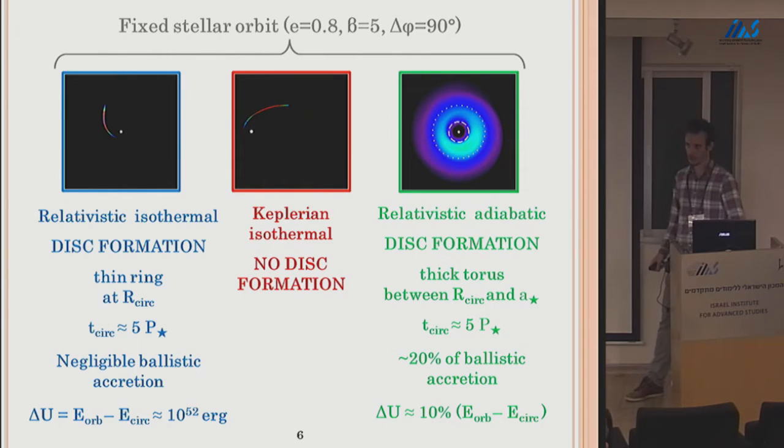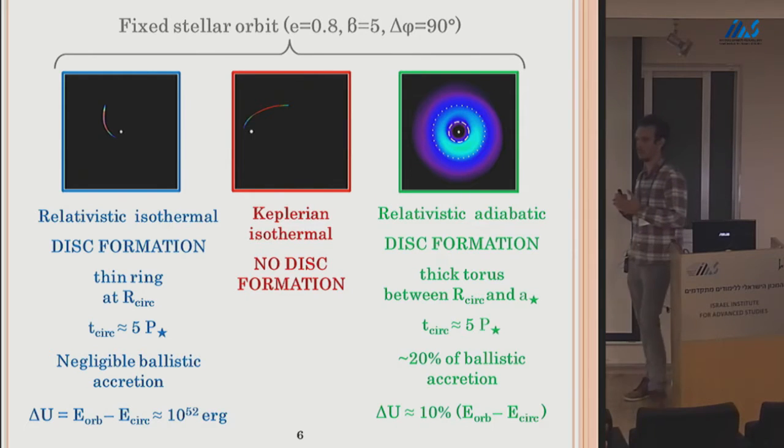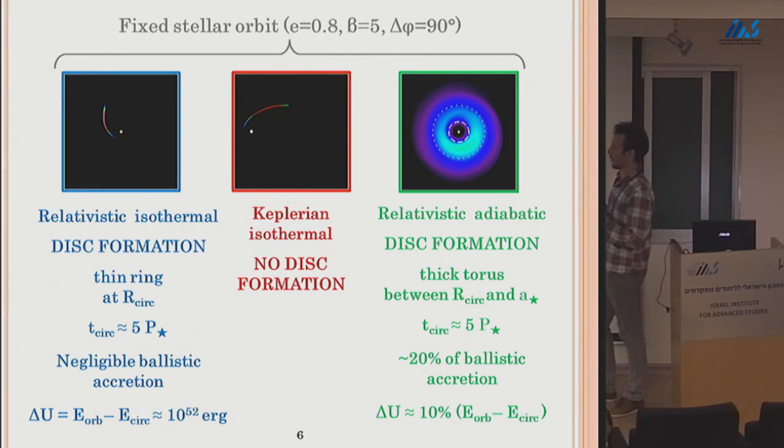Is any form of viscosity included in this code? So there's artificial viscosity, which is used to resolve the shock. But then there's a switch that switches off artificial viscosity when there are no shocks. So when the disk forms, this switch is active, so there's no viscosity. Shear viscosity is added?